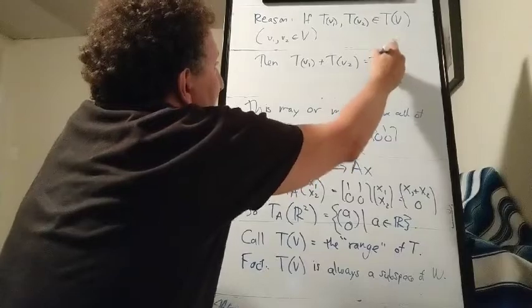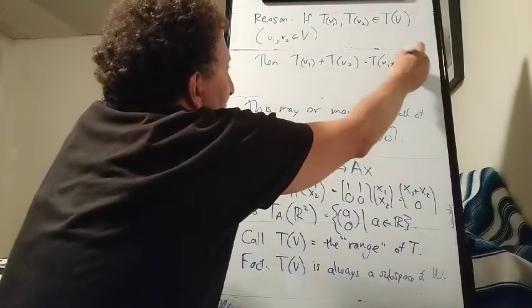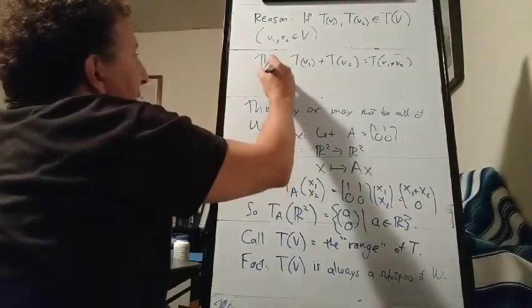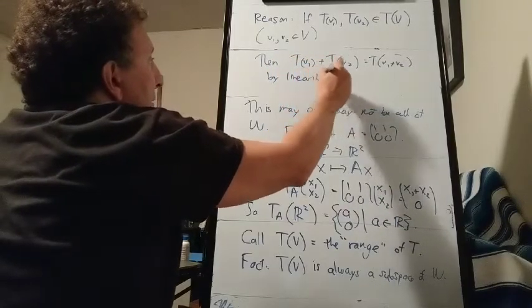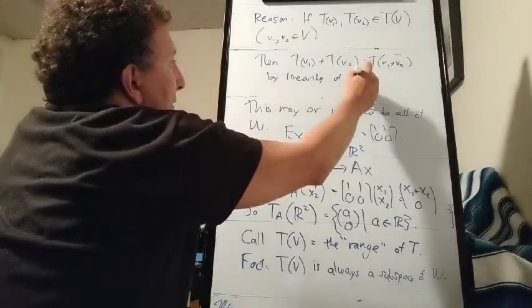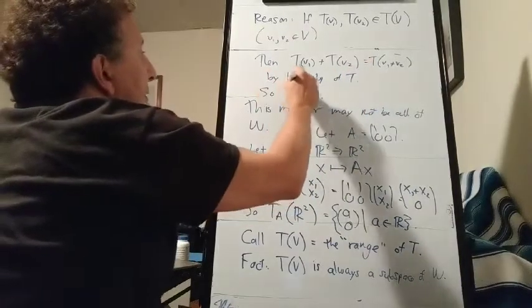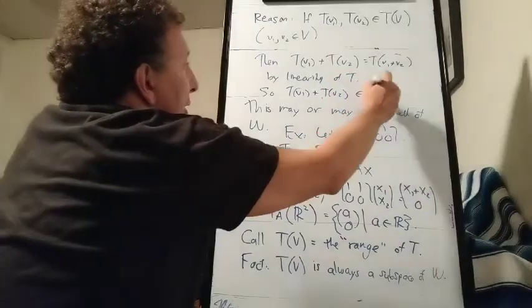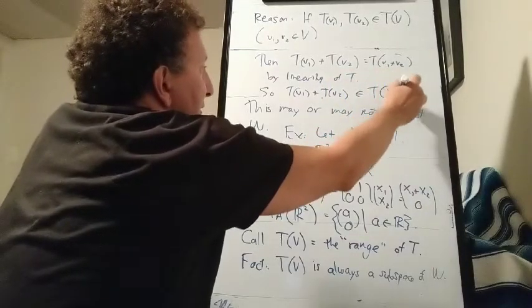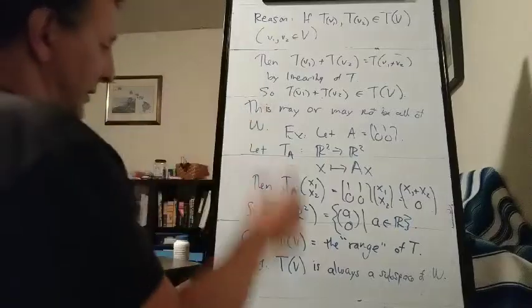Well, it's equal to T of V1 plus V2 by the linearity of T. So T of V1 plus T of V2 belongs to the range capital T of capital V.